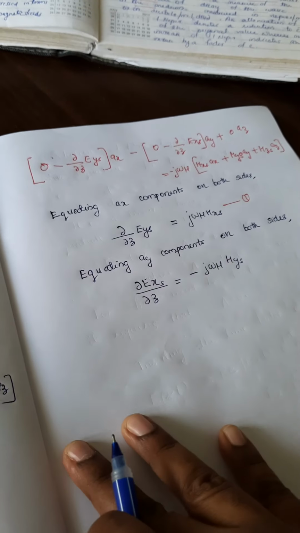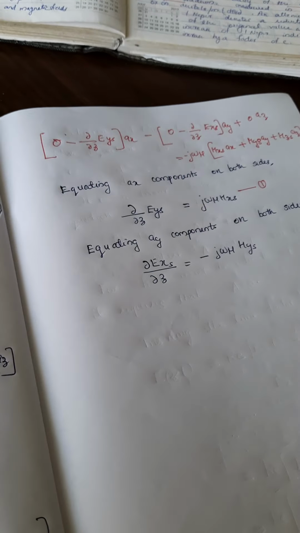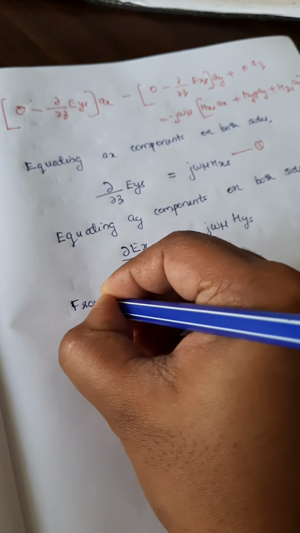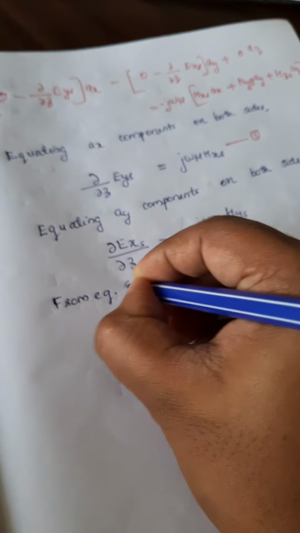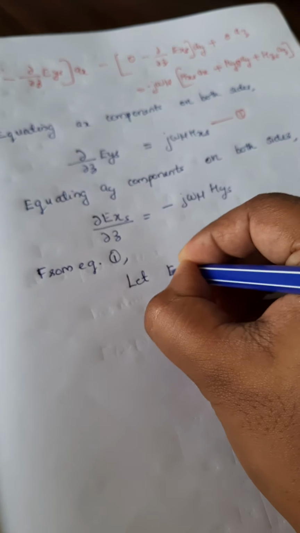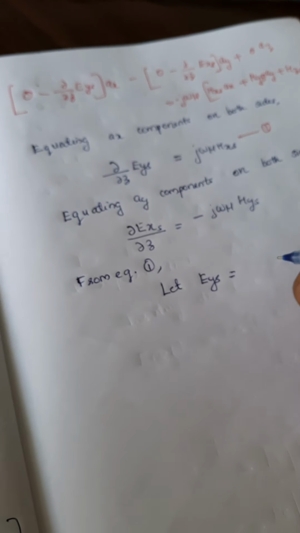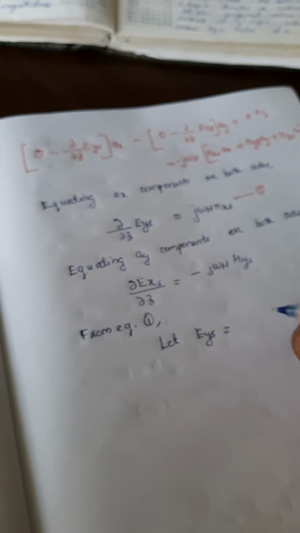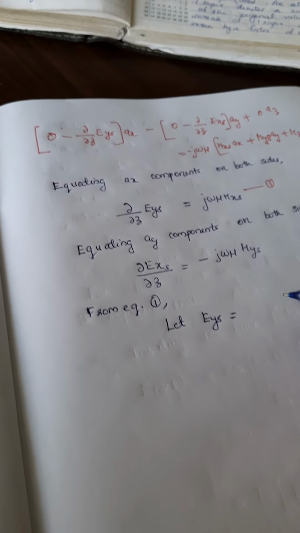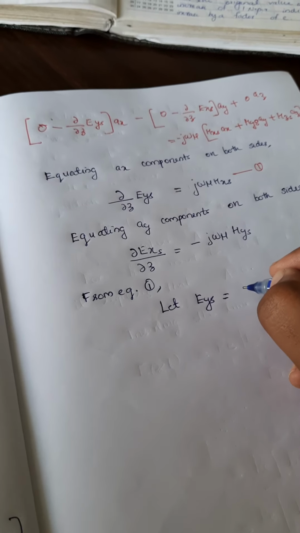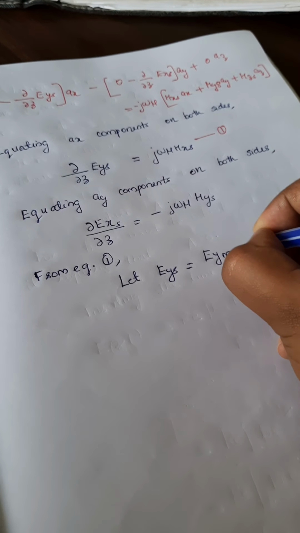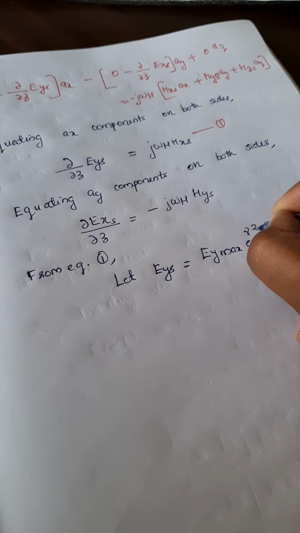Now again, taking this Eys from equation 1, let us take the y component of the field intensity associated with the wave propagation in the z direction as Eys equals Ey max e raised to gamma z.